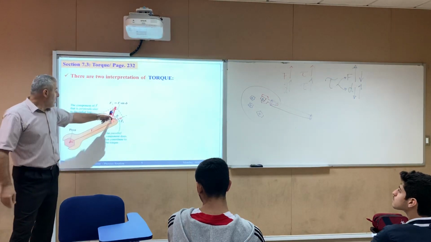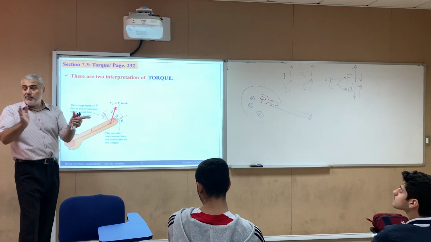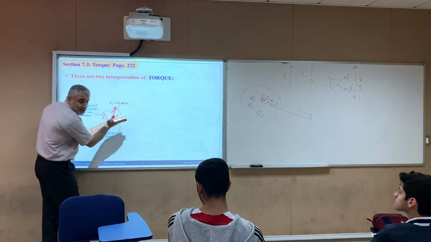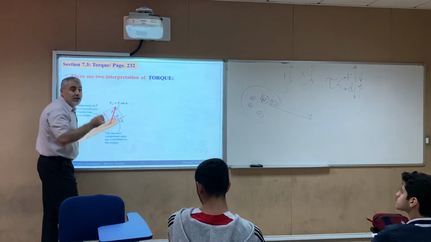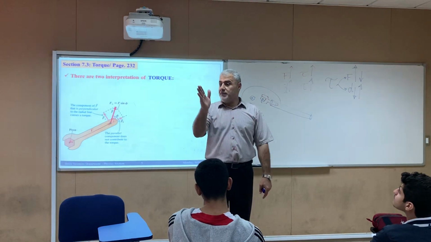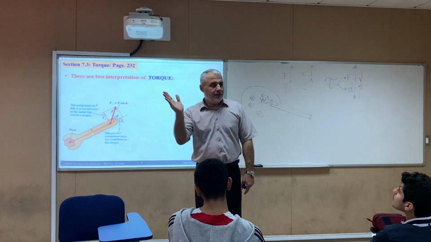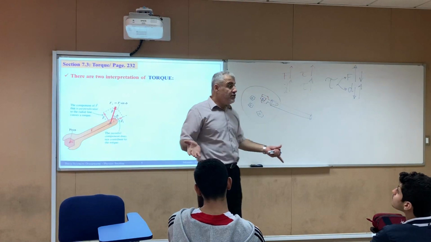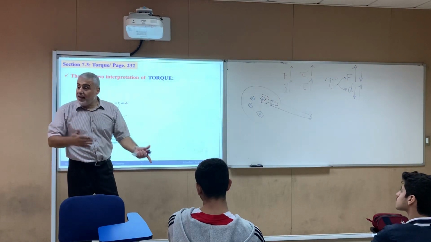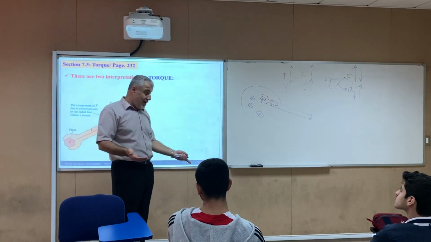In this case, we have to simply resolve the force into its components: a horizontal component and a vertical component. Gentlemen, we took this before. Forces are vectors. If you have a vector inclined at an angle, you can simply resolve it. تحلله، صح? You have horizontal and vertical, x component and y component.